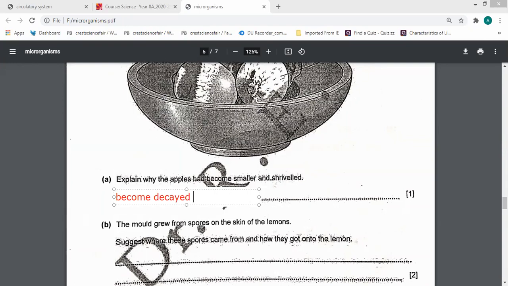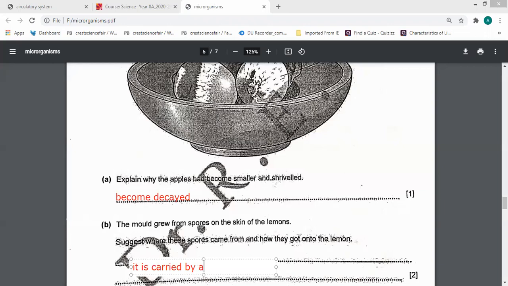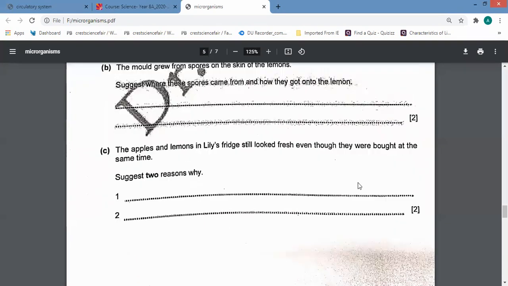Excellent. So they came from, or were carried by, the air. So the spores came to the lemon by air. Okay, guys, have you finished? Okay, next.